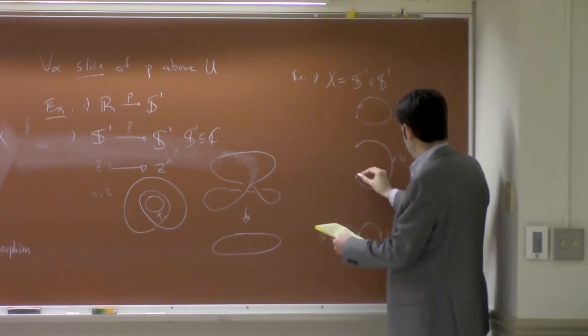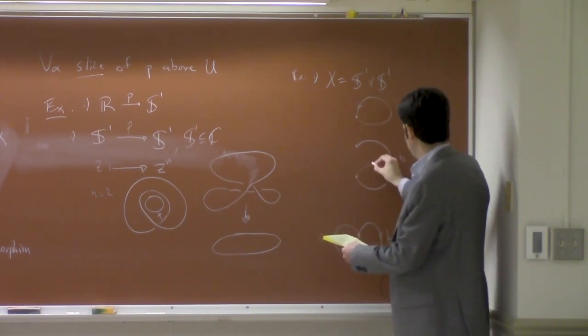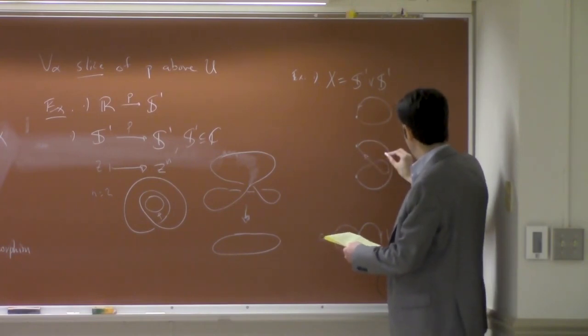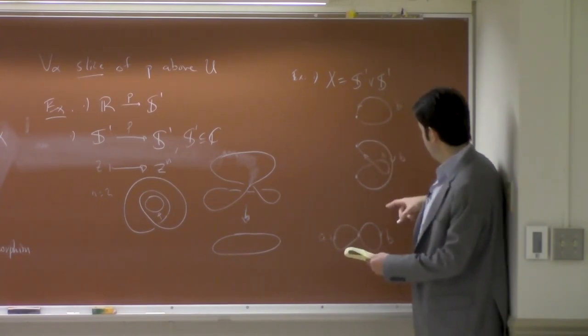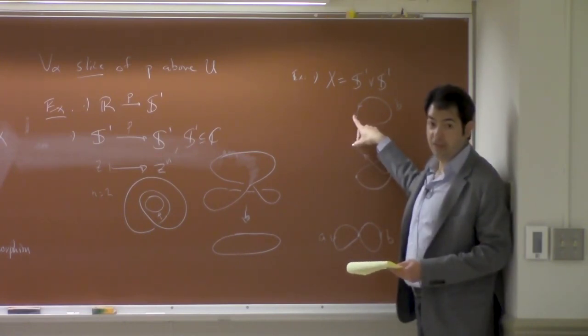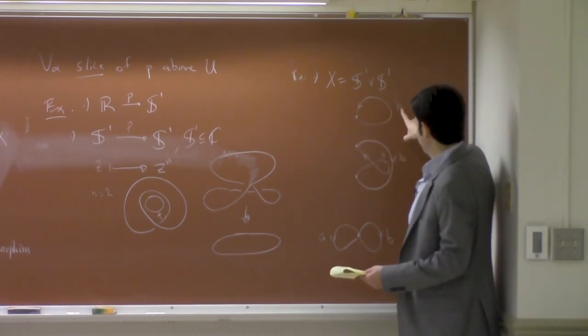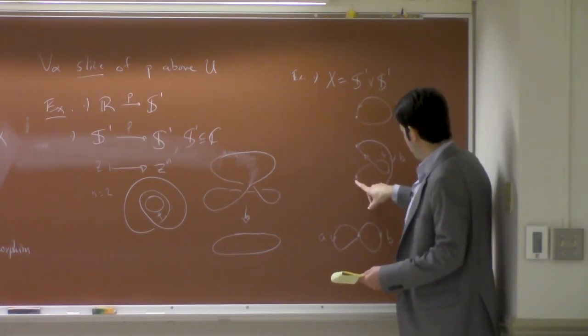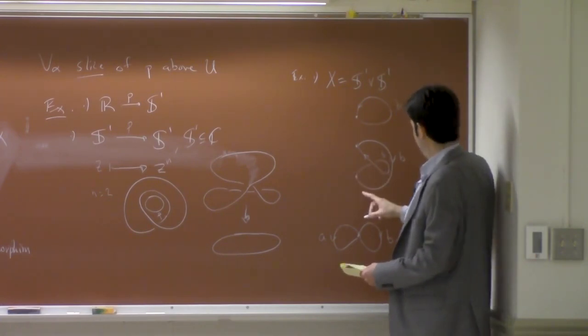So let's say you have something that looks like this. So now every one of these base points, these copies of the base point, has a path labeled B that is either coming to it or leaving it, one of each.